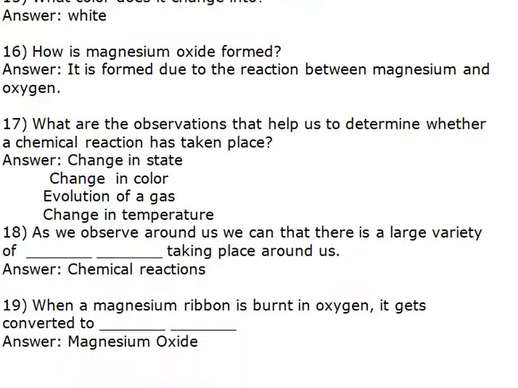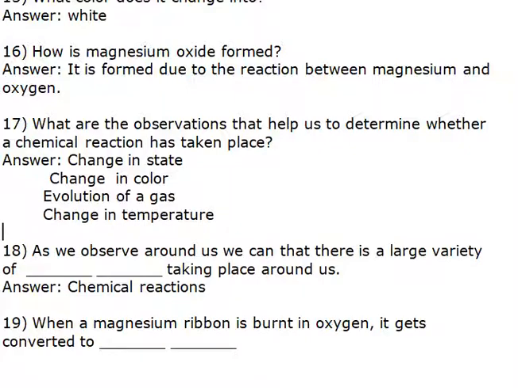Question number 17. What are the observations that help us to determine whether a chemical reaction has taken place? Answer. Change in state, change in color, evolution of a gas, change in temperature. Question number 18.